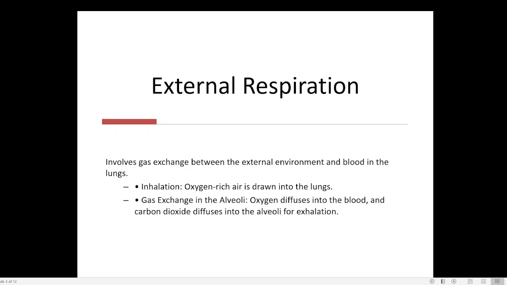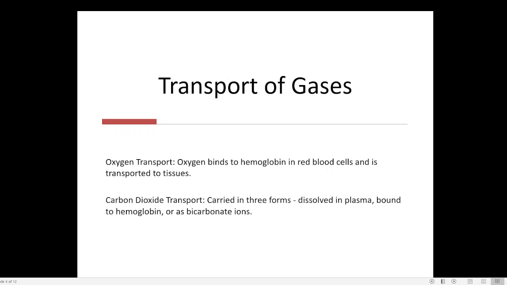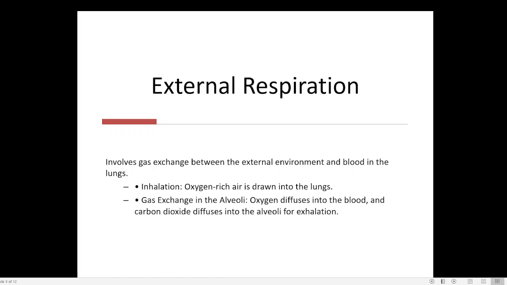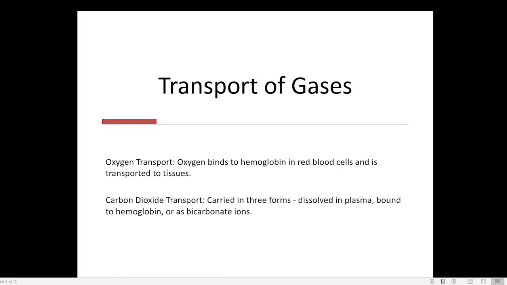Air from the atmosphere is taken into our lungs. Then there are two important events: one is the transport of oxygen and the second is the transport of carbon dioxide. Now the oxygen that we are taking into our lungs will be diffusing and entering into the blood.